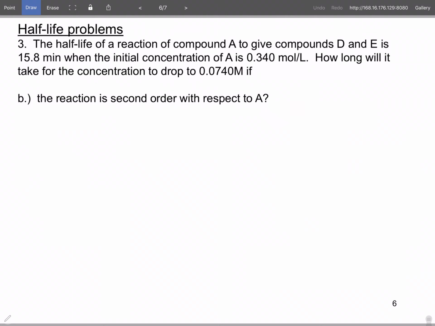Now watch what happens if we do second order. Okay, so t1/2 is still 15.8 minutes, and this is still A sub 0, and this is still A sub t. But now we're told this is second order. So that's a totally different set of rules.